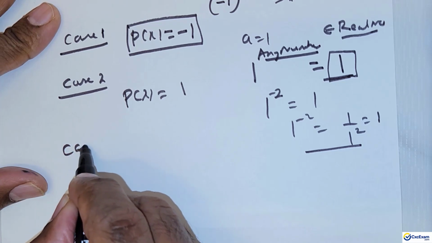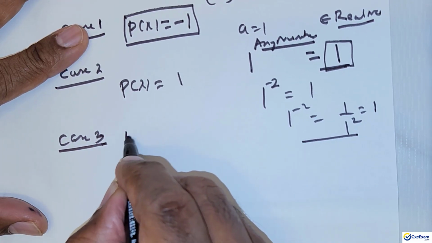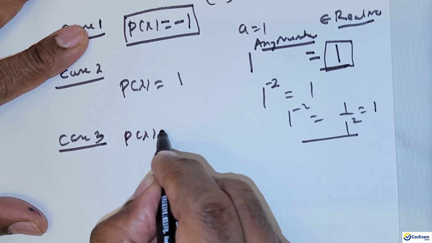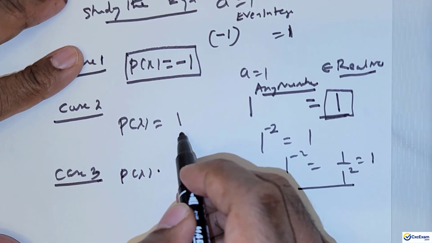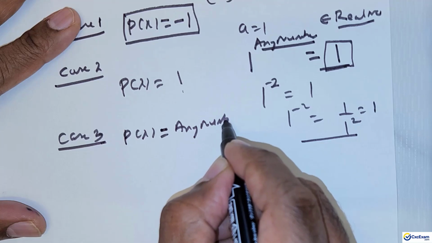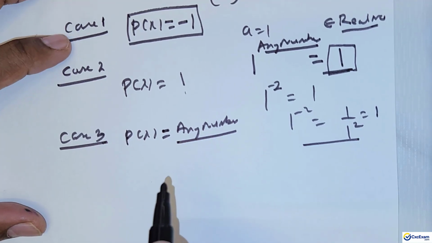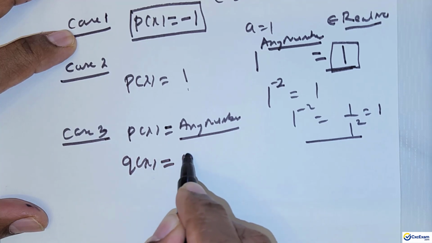Now let me go to case number 3. This case comes when p of x is any number. It's not equal to -1, it's not equal to 1. P of x is any number. Now if p of x is any number, then our q of x should be equal to 0.